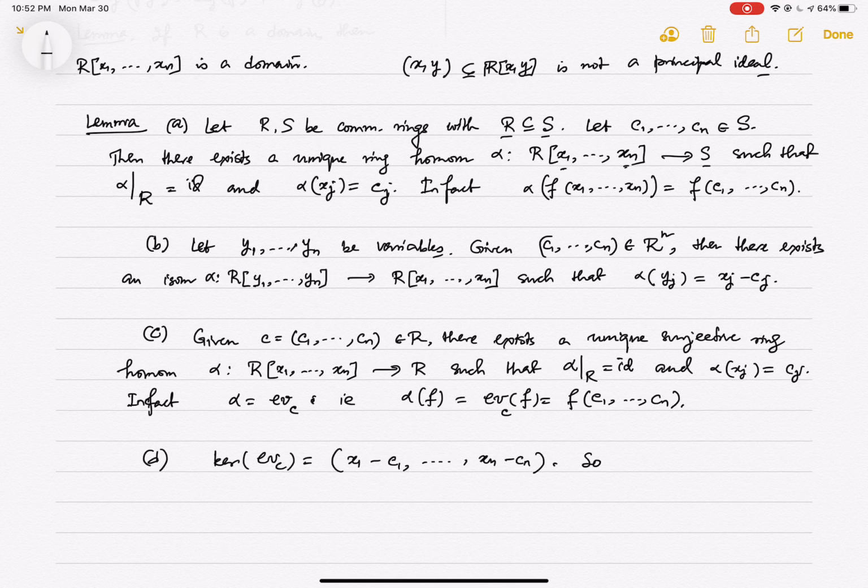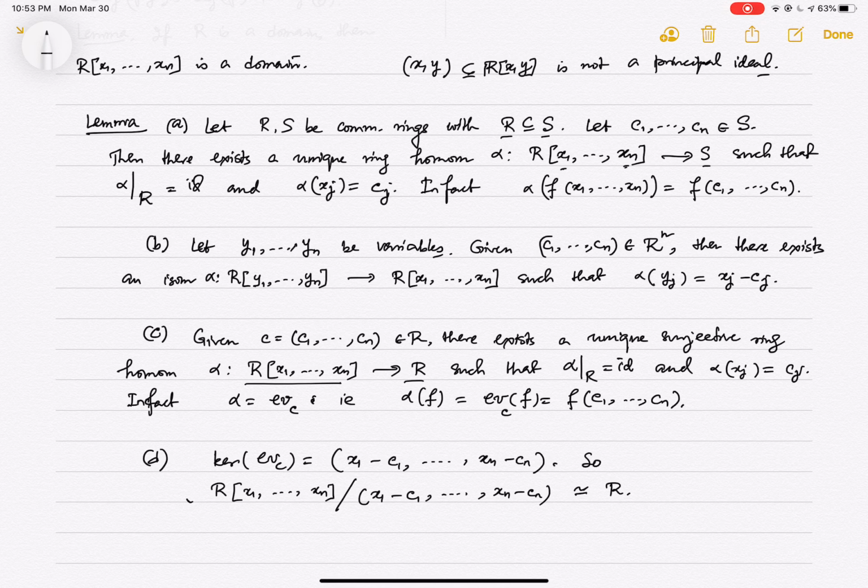So, because this evaluation homomorphism is a surjective homomorphism from R[x1,...,xn] to R, by the first isomorphism theorem you get that if I take R[x1,...,xn] and quotient out by this ideal generated by the linear polynomials, this is isomorphic to R. And this will be rather crucial.